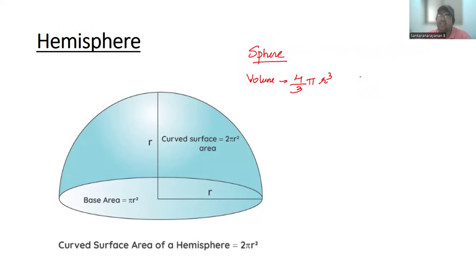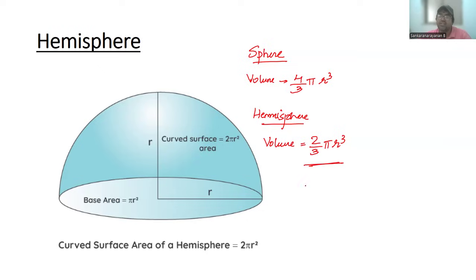So for a hemisphere, I can find out the volume. That will be half of 4 by 3 pi r cube, and that is nothing but 2 by 3 pi r cube. That's the volume of the hemisphere.